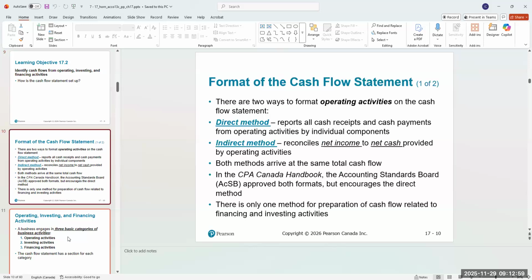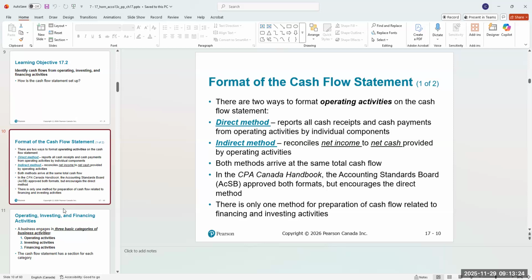That's just very brief. Now, the format of the cash flow. There are two ways to prepare the cash flow. One is called the direct method. The other one is called the indirect method. I'm going to show you both methods, even though in the classroom we usually teach only the indirect method.